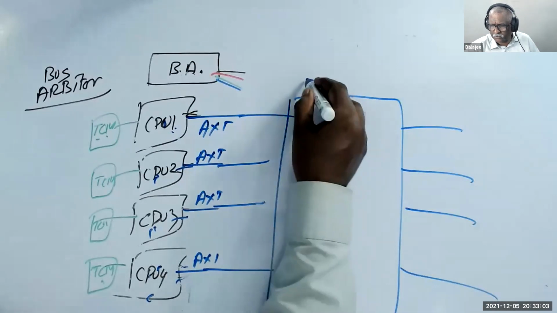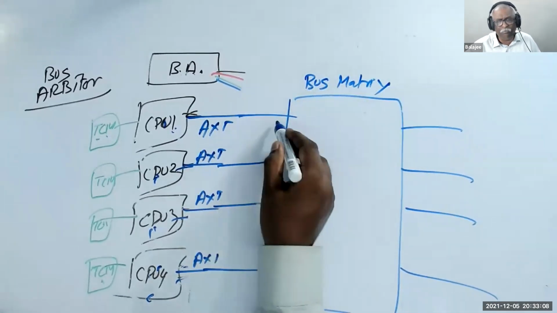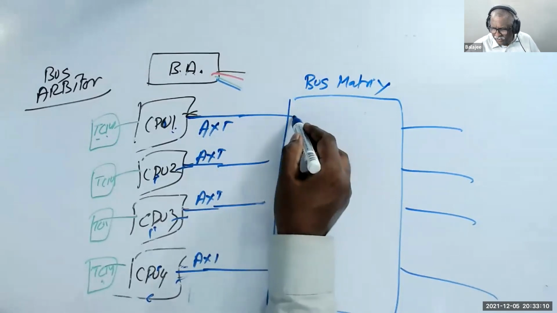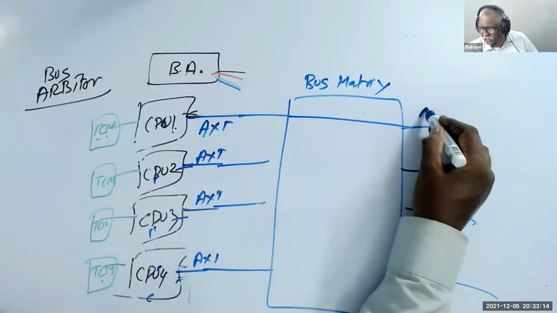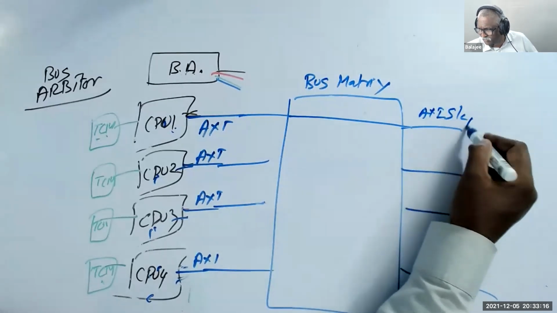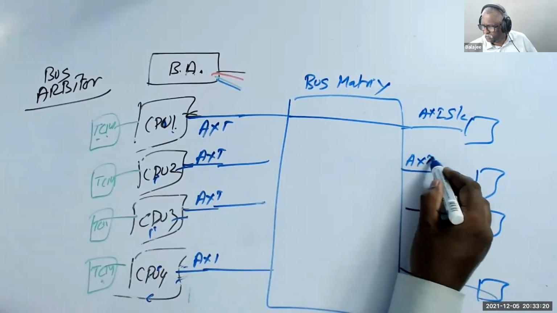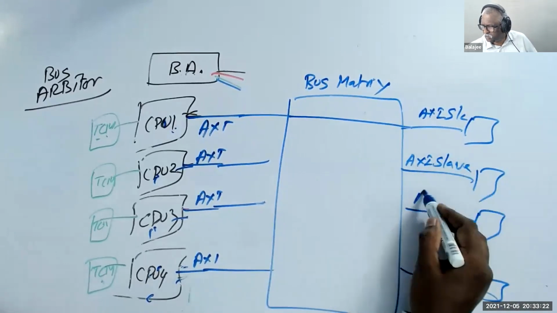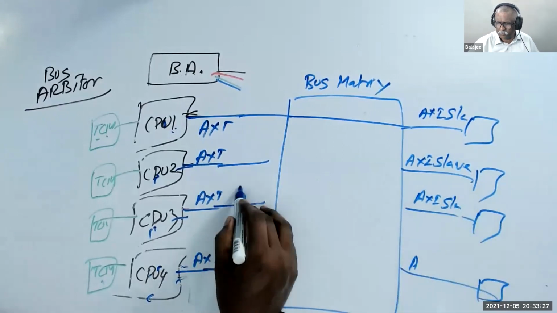This is called bus matrix. The advantage here is, when this guy is talking to this guy, this is AXI slave devices. This is all AXI masters.